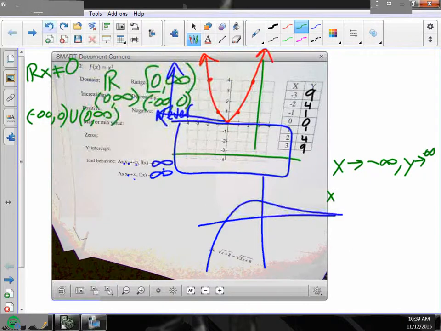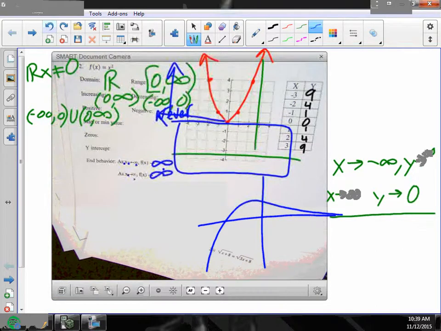But as x approaches infinity, y is approaching what? Nope. It's getting closer and closer to 0. See how it's leveling off? Right, it'll never get there.